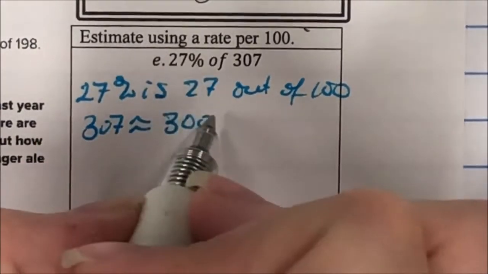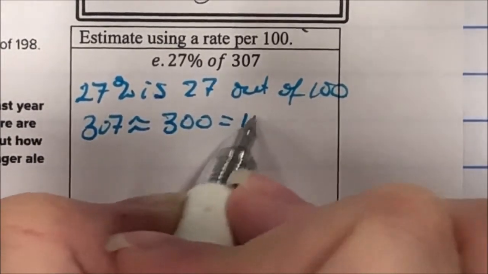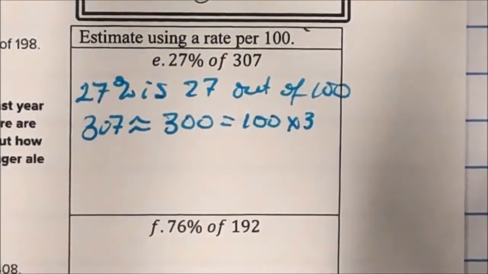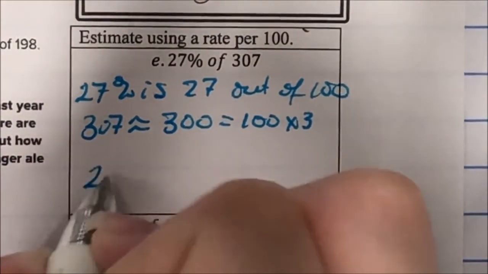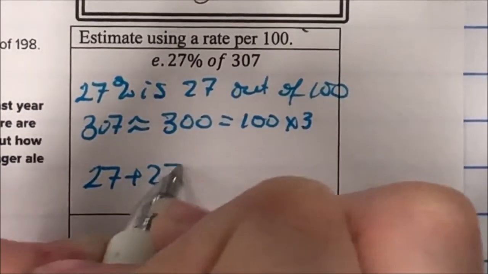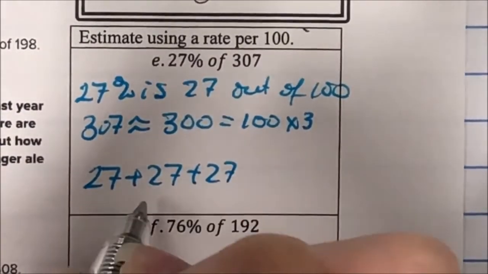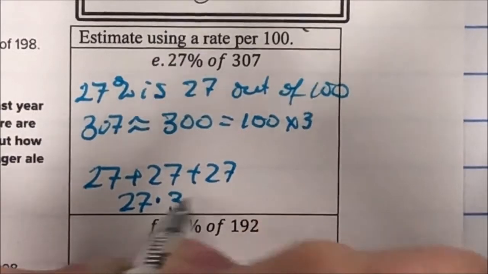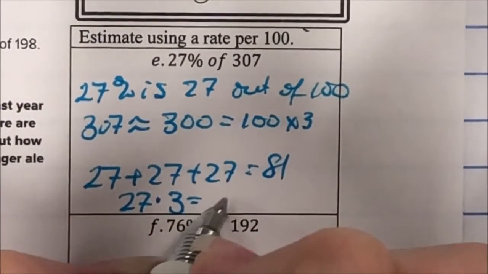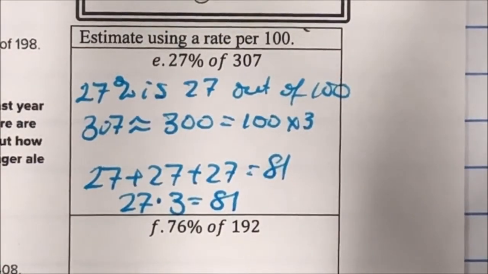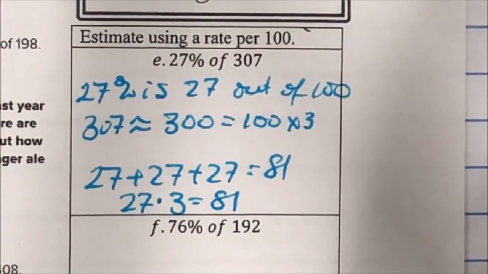Well, 300 is 100 times 3, or 100 plus 100 plus 100. So I'm going to take 27 plus 27 plus 27, or 27 times 3. They'll get you the same answer. This equals 81. So 27% of 307 is about 81.